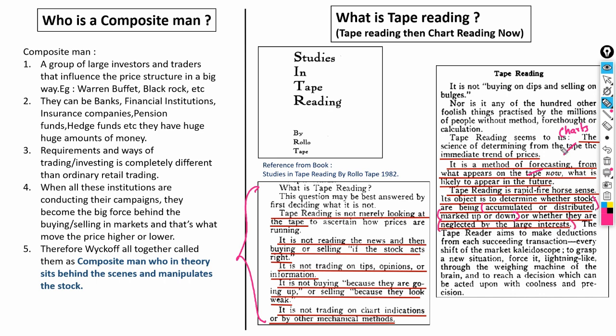These all account to the science of tape reading, or we can say chart reading for us at the moment. We are going to see all this in the next slide with the help of some examples on the charts.